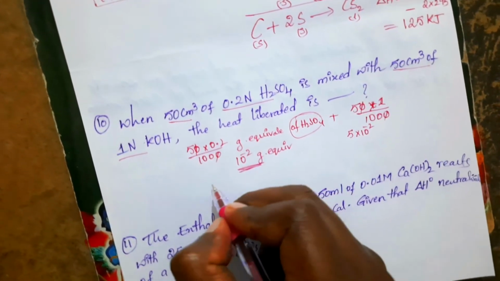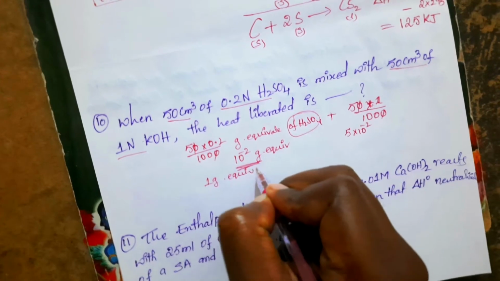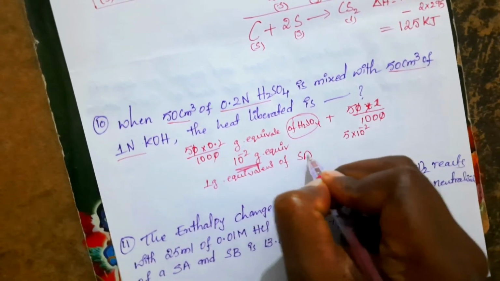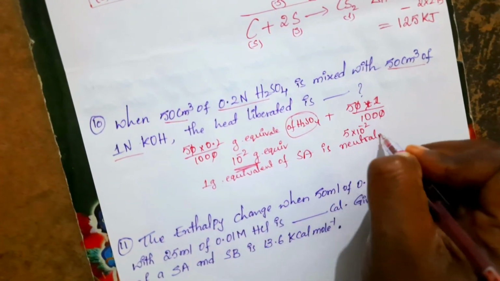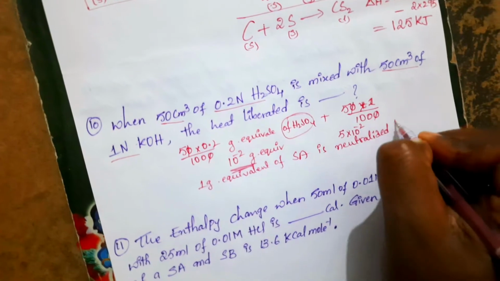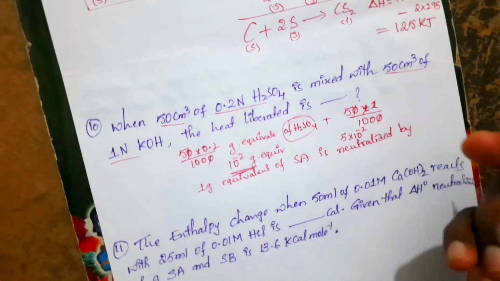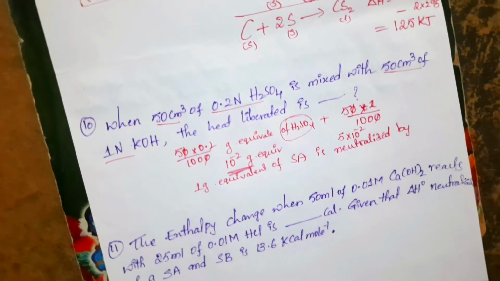Now we know that 1 gram equivalent of strong acid is neutralized by 1 gram equivalent of strong base. They are asking in terms of heat energy, the heat liberated, in terms of kilojoules it will be.